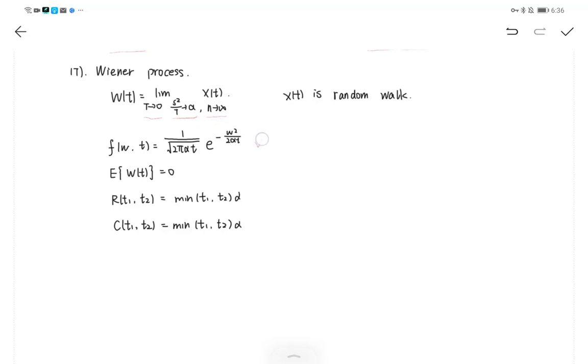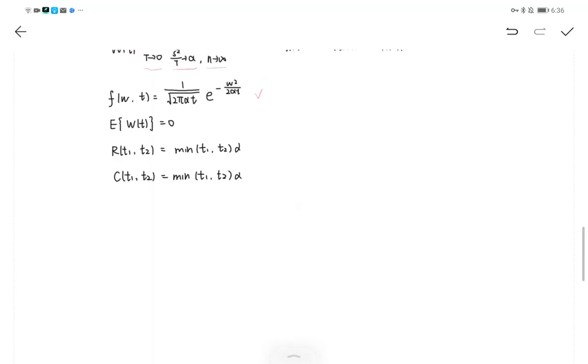And here, this one is the first order density function. And we can find that the mean of this process equals 0, and the autocorrelation function equals the autocovariance function equals the minimum of t1, t2 times alpha.